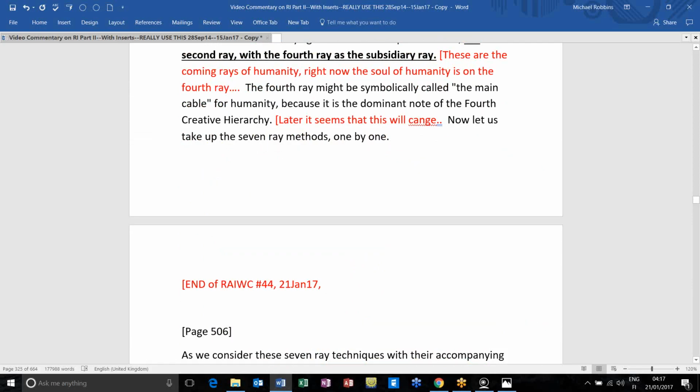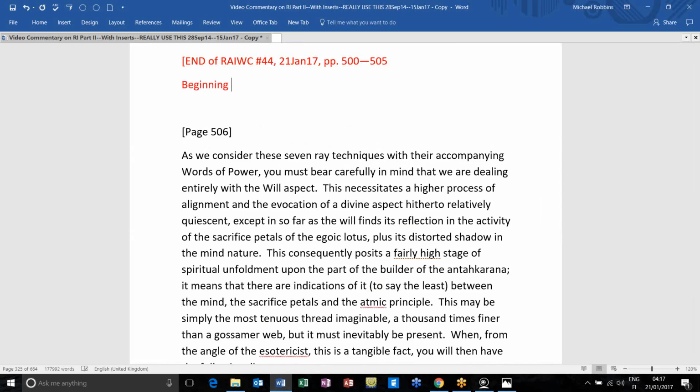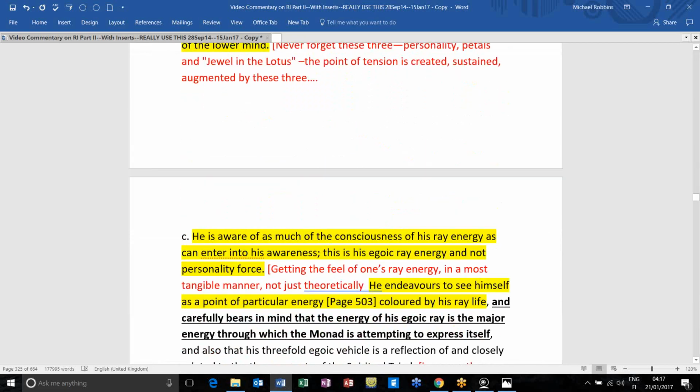So pages 500 to 505, and right up to 506, and we'll be beginning with Rays and Initiation webinar commentary number 45. We'll see when we'll do this.